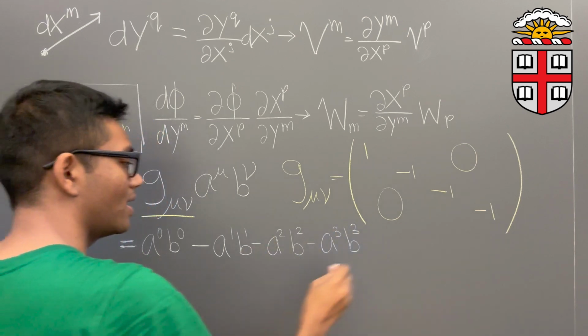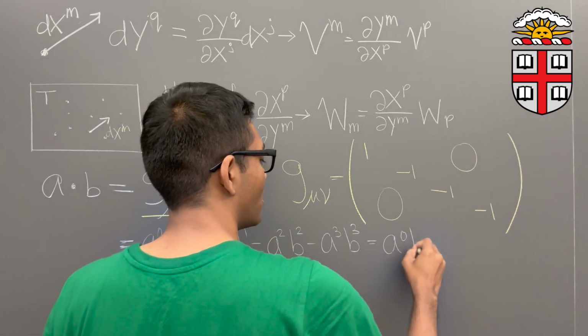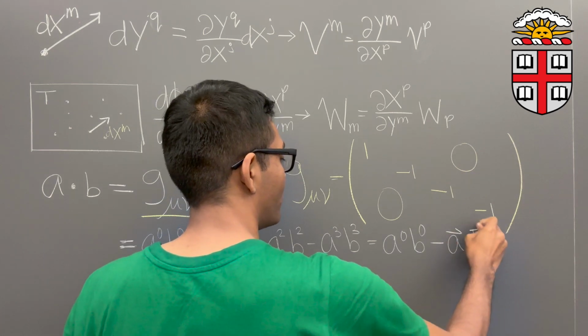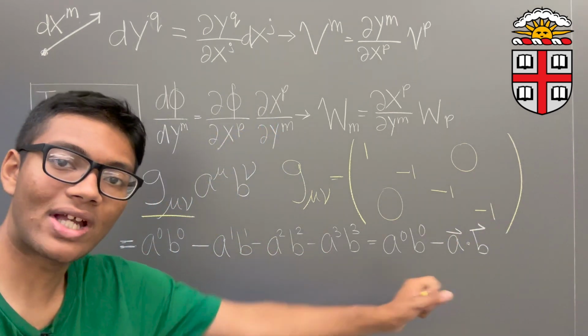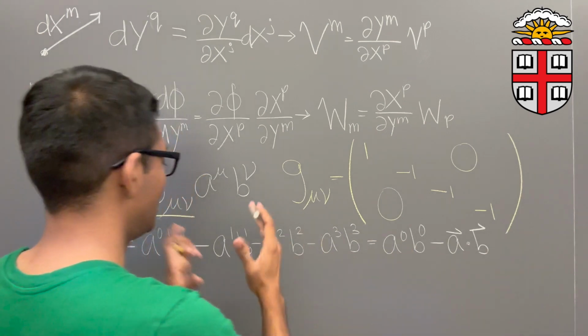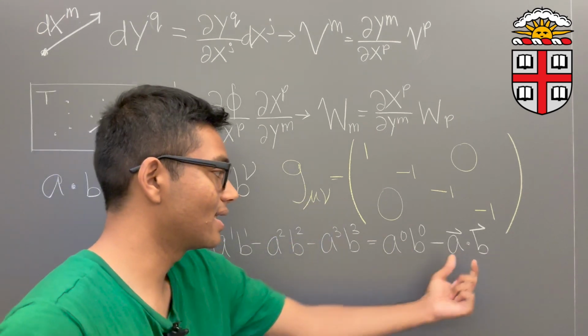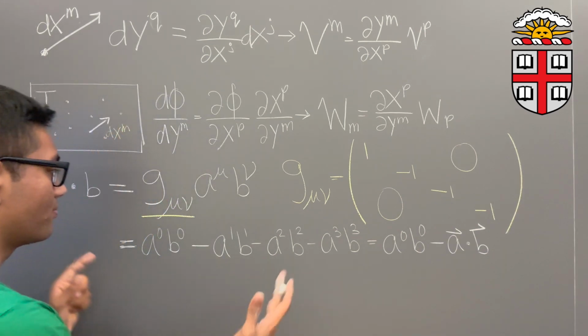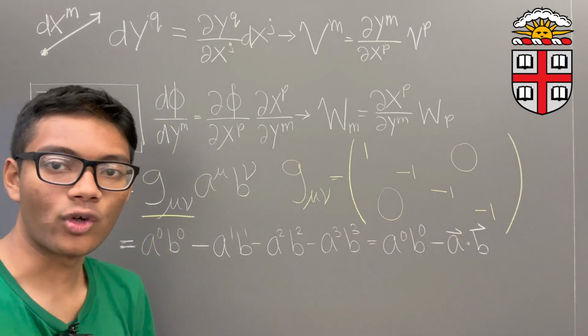Or another way you can write this is A0 B0 minus A dotted with B. The vector components of the four vectors are dotted together for the second term. So that's all you need to do if you want to compute the dot product of two four vectors.